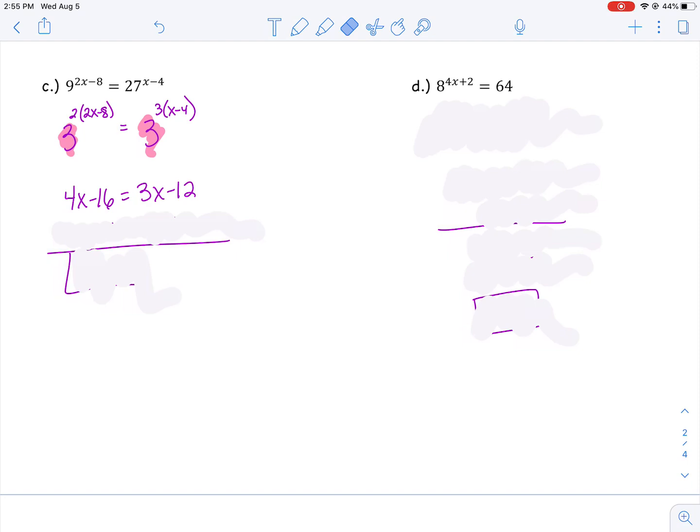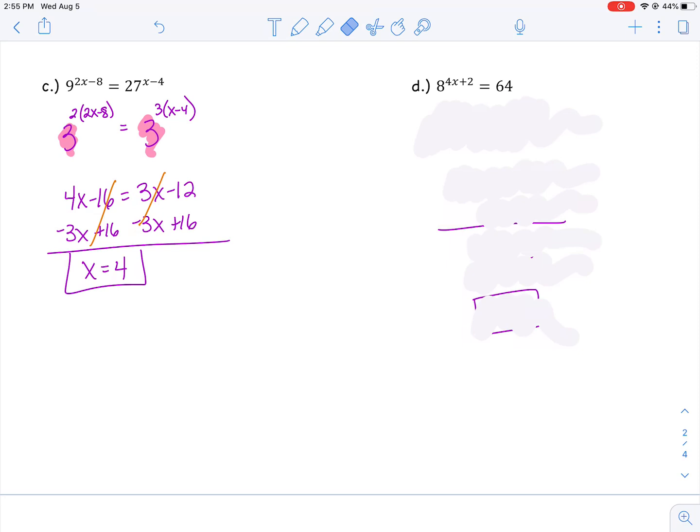You notice that I distributed that already. I also am going to distribute the 3 through, so I got a 3x minus 12. I'm going to solve for x by subtracting 3x to both sides and then adding 16 to both sides. And I ended up getting x equals 4. Hopefully you got the same thing I did.